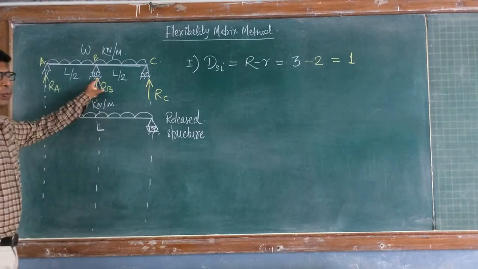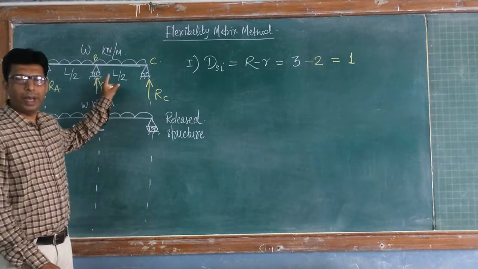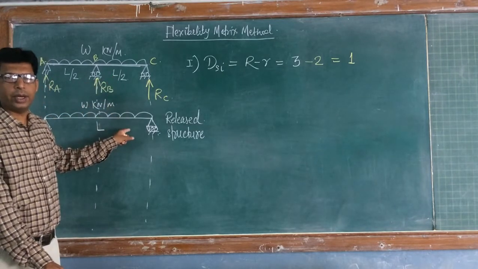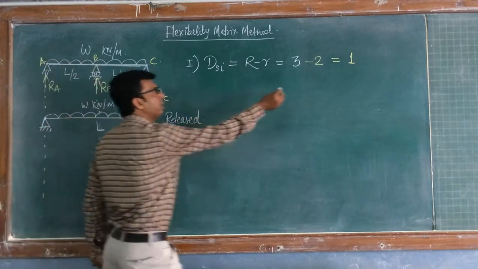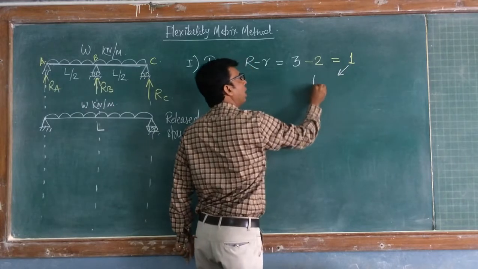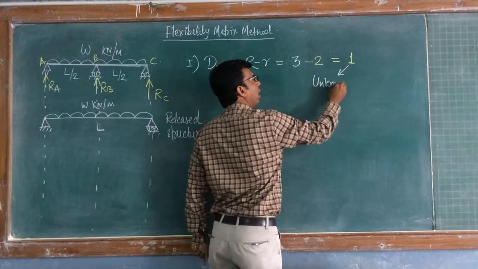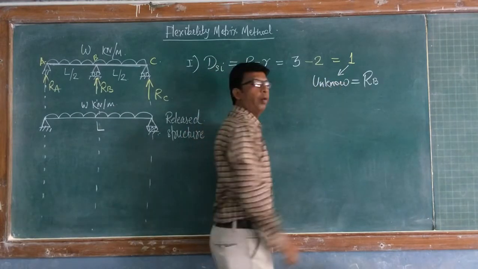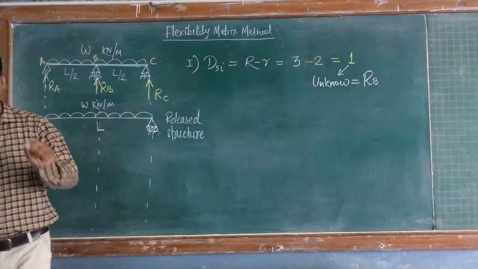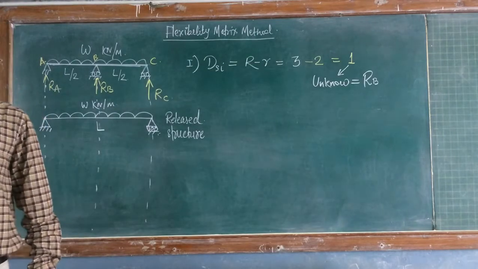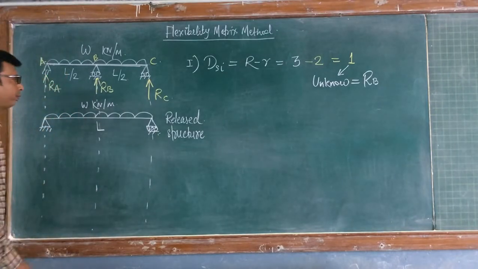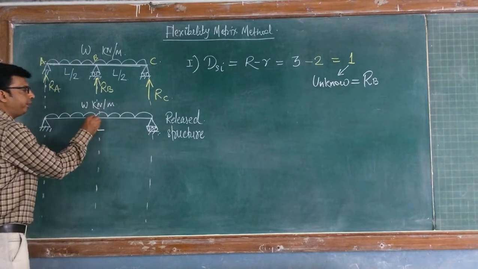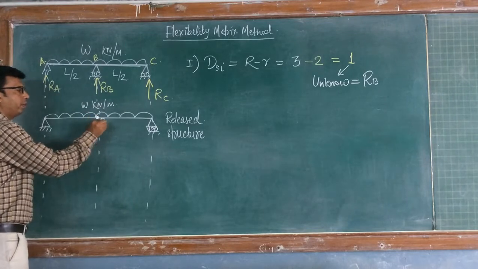Since we removed support B to make the given beam the release structure, our unknown is RB, the reaction at B, which is also called the redundant.